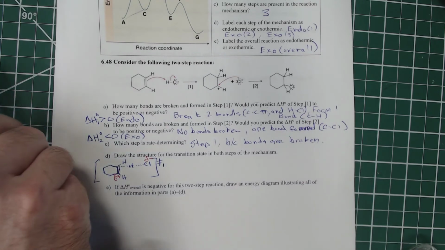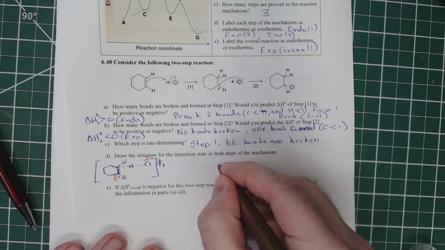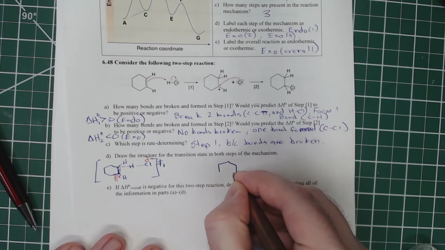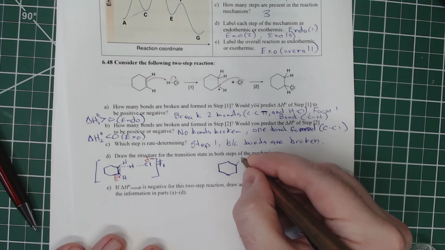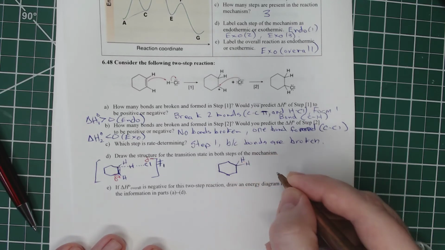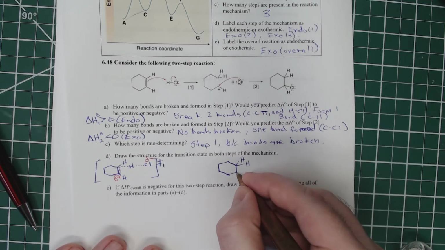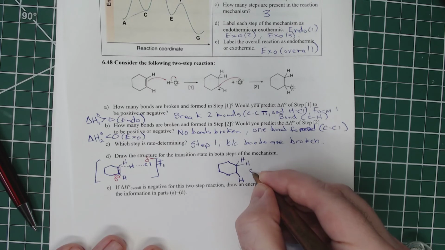Now we want to look at the next part of this. So again, draw all the bonds that are present in both. Those hydrogens are there in both this and this. There is a hydrogen that is here, and then we've got a chlorine.